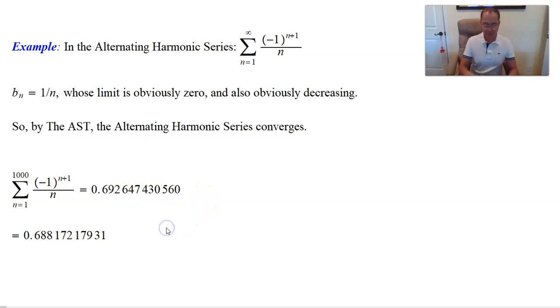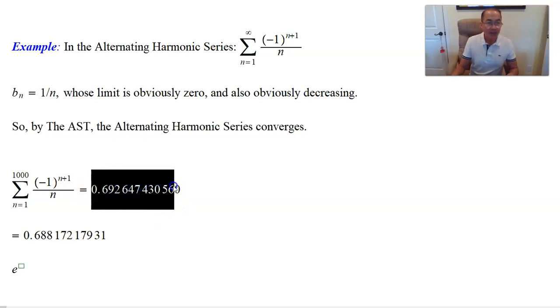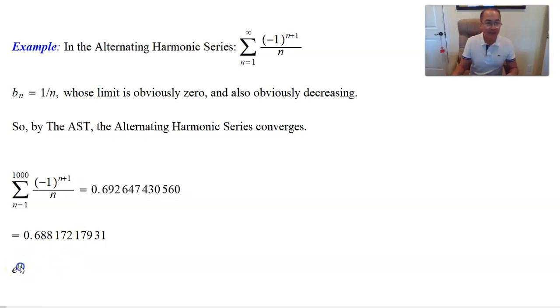Okay, I'm going to reveal the value by doing something indirectly. That's E. Okay, so what I'm going to do is I'm going to plug this thing into e to the x. We get 1.9999999.